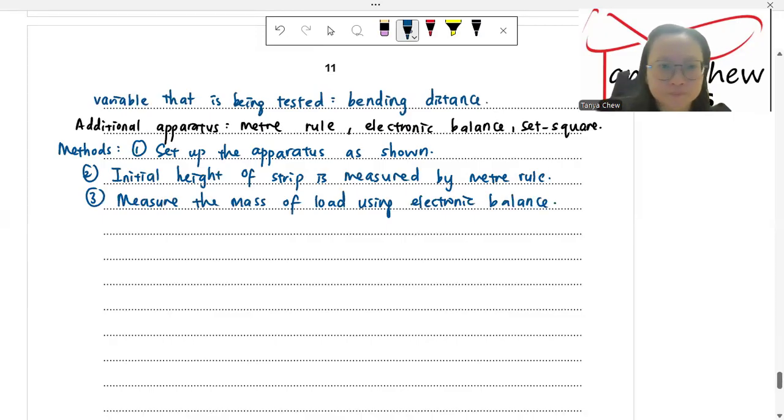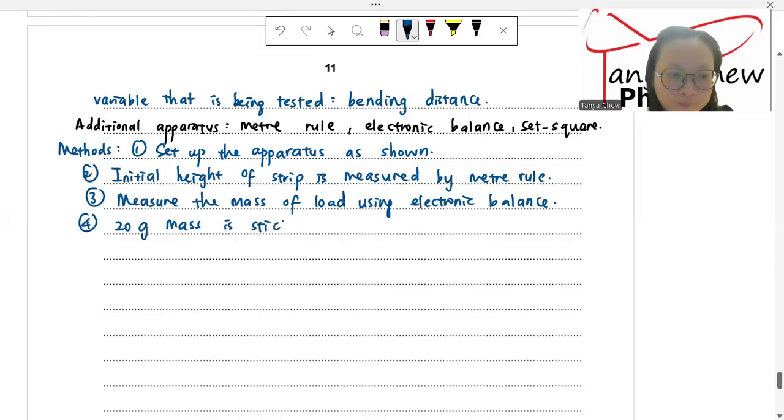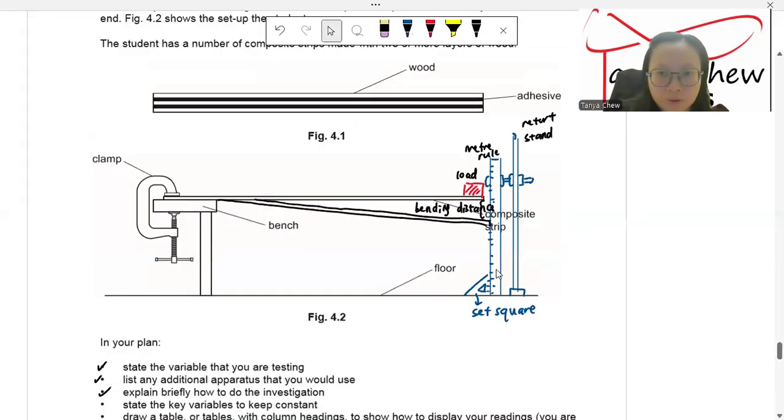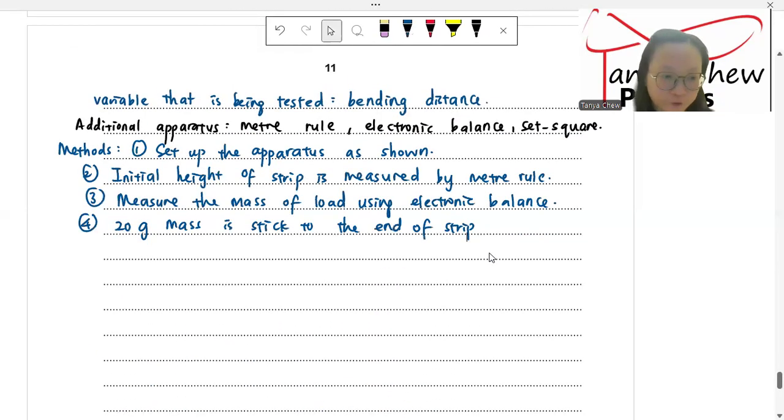And then number 4, 20-gram mass is stuck to the end of strip, the composite strip, by using glue, because sometimes it might fall off from the strip.